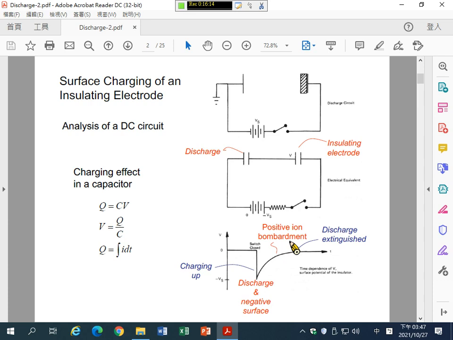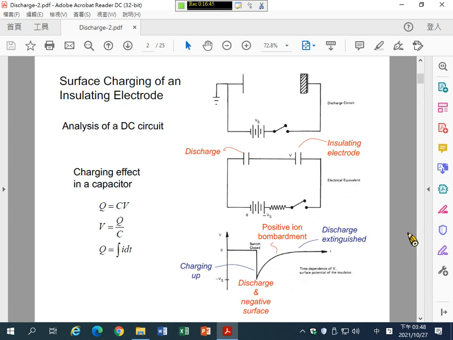So this is caused by positive ion bombardment, by the cations from the plasma. Okay, and eventually the potential on the negatively charged insulator becomes too small, so that the plasma cannot sustain. So the plasma will extinguish, will disappear.